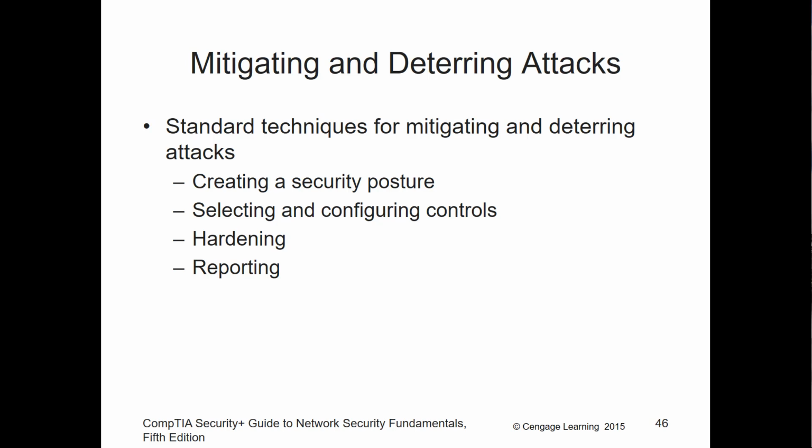That includes hardware and software hardening, and that makes sure that the attack surface of a given system or hardware platform is as secured as it should be. Lastly, reporting. You should always have reports on the general security of the organization so that you can find holes, you can find gaps, and fix them as necessary.